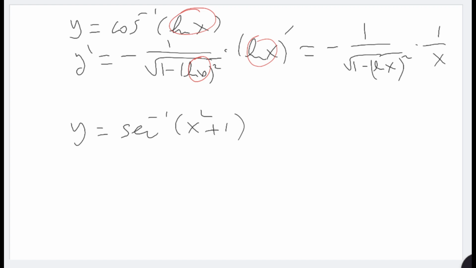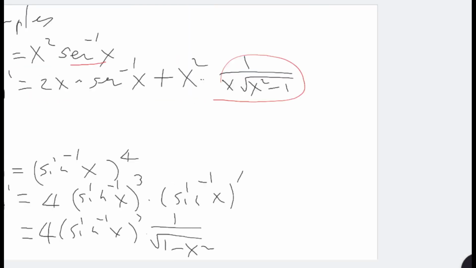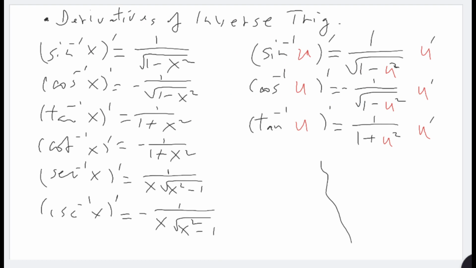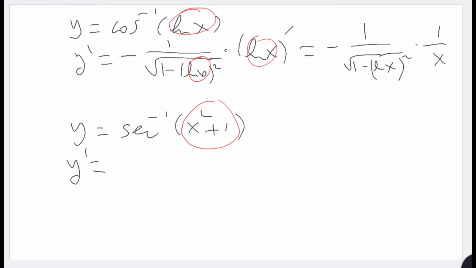See one more. Here's another u version problem. Inside the inverse secant, we have this guy as u. Well, simple enough. We're going to basically plug in x squared plus 1 in the basic version. In the basic version, we have x, x, x. So in these three places, we're going to have the u there. x squared plus 1 is u.